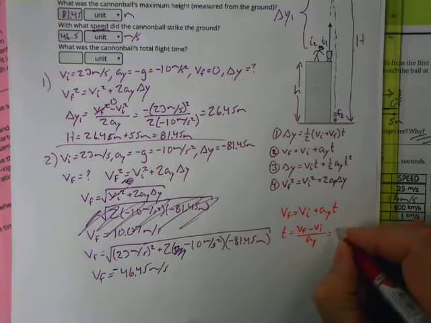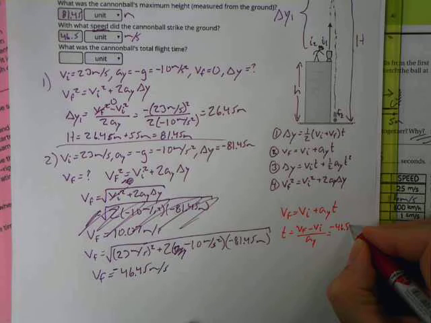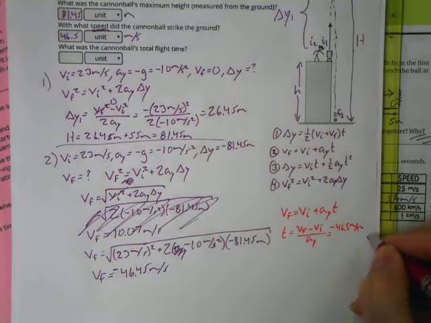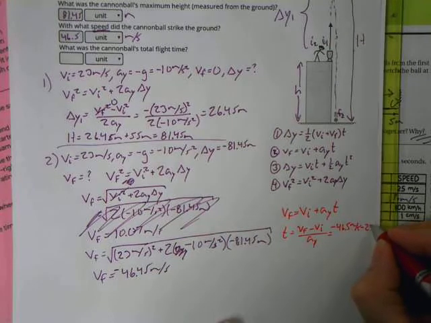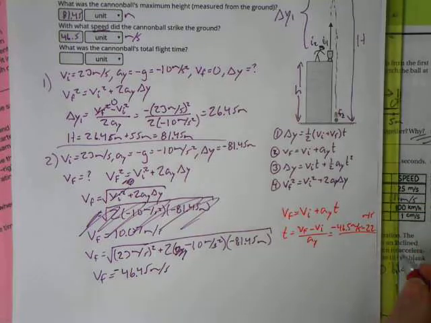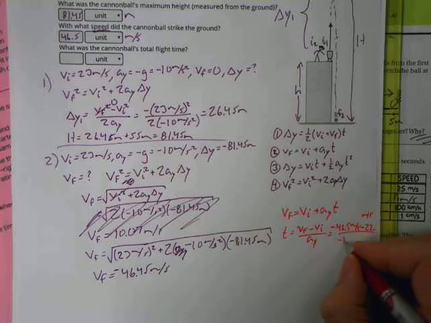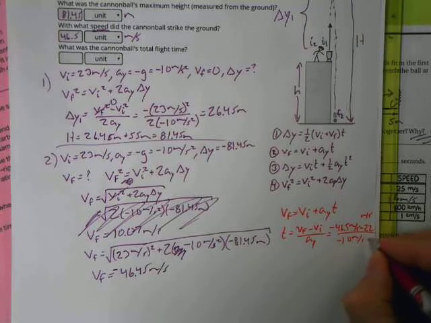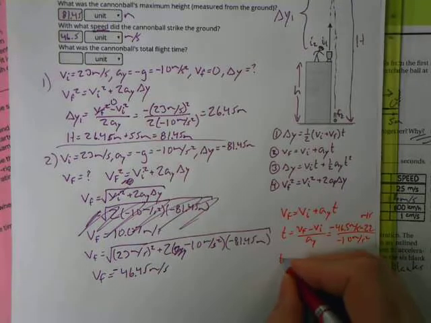Final velocity is negative 46.5 meters per second minus my initial velocity of 23 meters per second, divided by my acceleration, which was negative 10 meters per second squared.